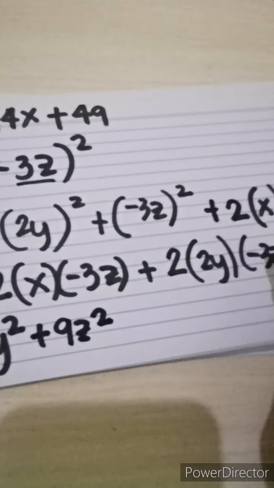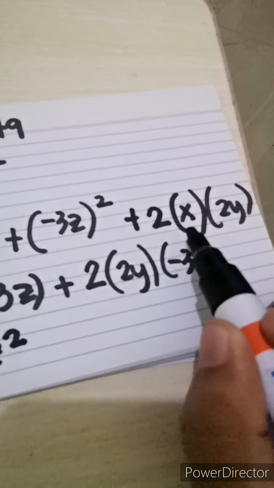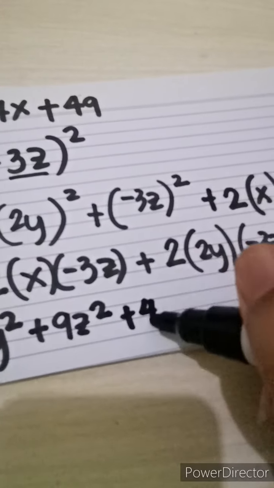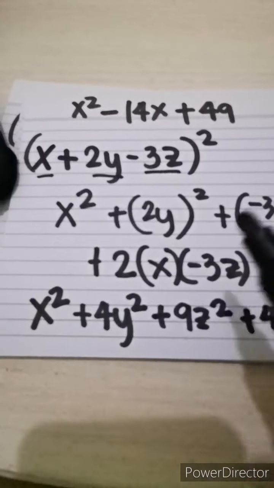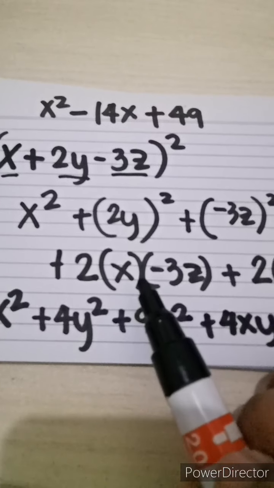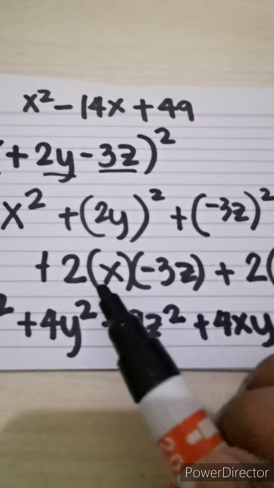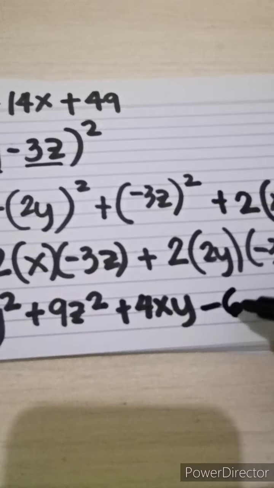Okay, next. So, multiply 2 times x, we have 2x. 2x times 2y is positive 4xy. Next, 2 times x is positive 2x times negative 3z is 2 times negative 3 is negative 6.